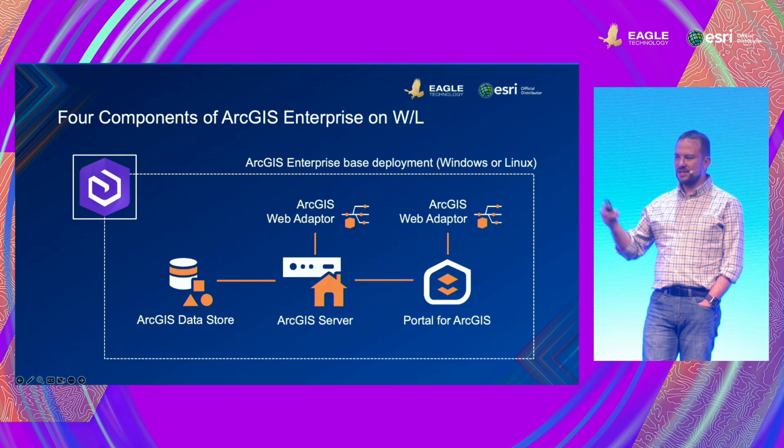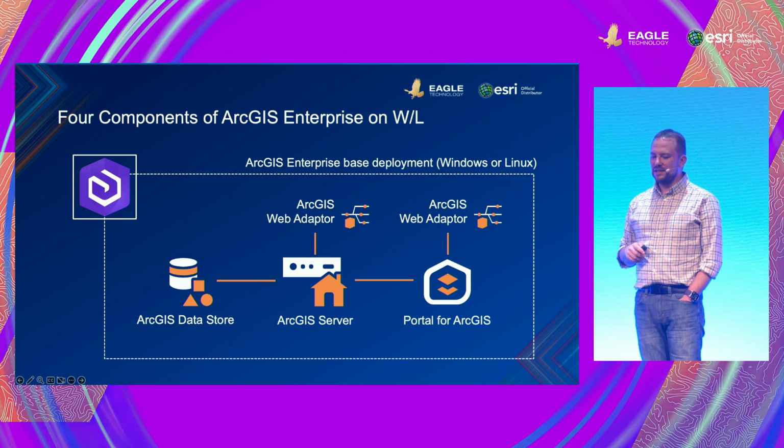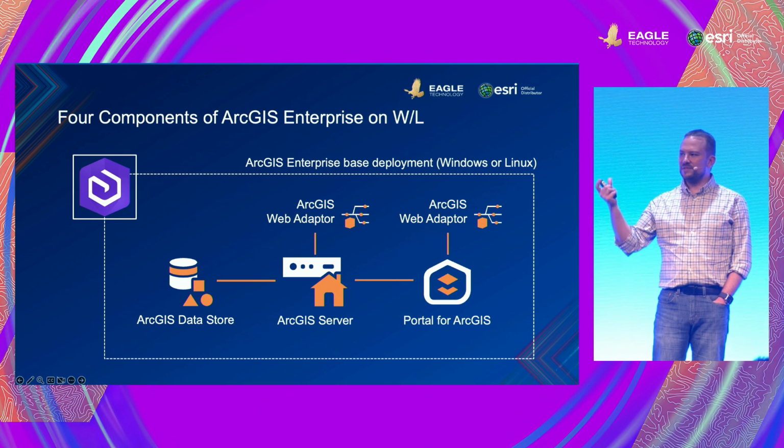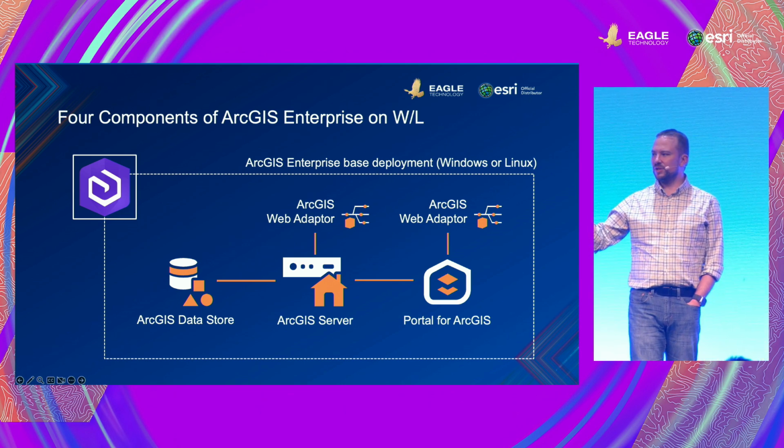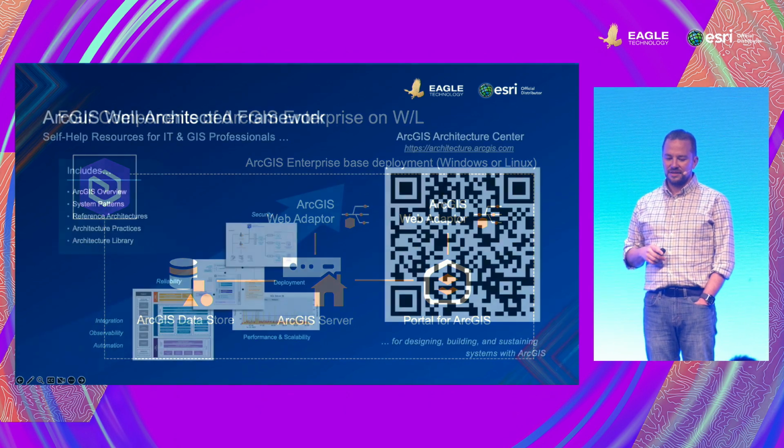So to contrast that, this was the picture I showed earlier of the components for ArcGIS Enterprise on Windows and Linux. Right? You've got these very large monolithic components, ArcGIS Data Store, ArcGIS Server, Portal for ArcGIS.